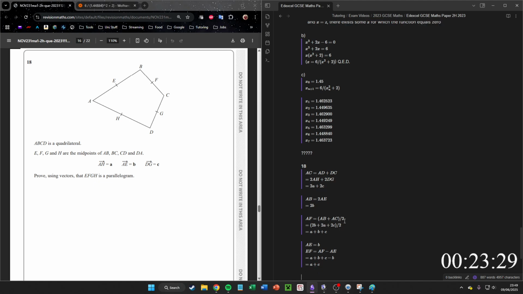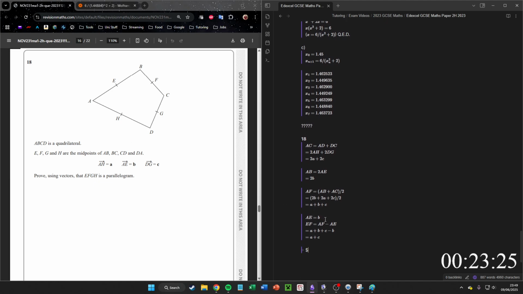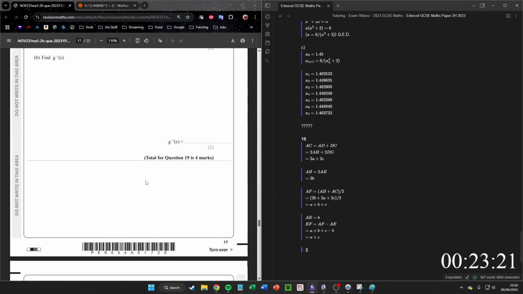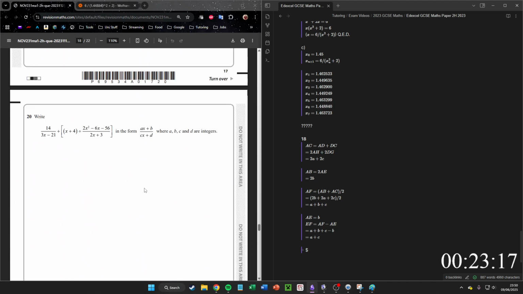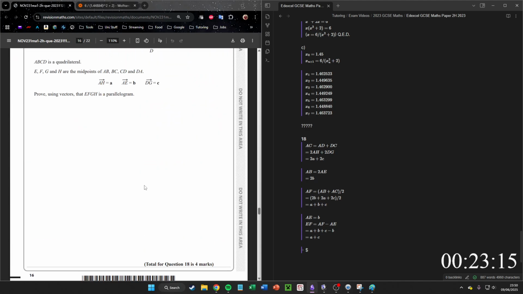Okay, that's our first side figured out. And it feels like this question's taken me ages. So, how many questions is it? 18, 19, 20, 21. Okay, 21, we are almost there, we're not that far.